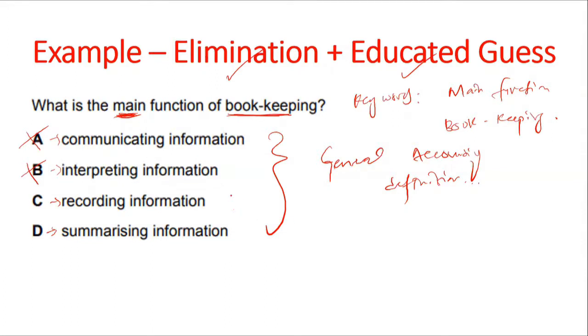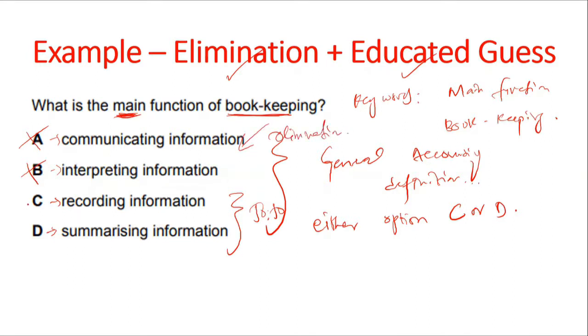So now you are down to 50-50. It's either option C or option D. This is where you would use educated guess. This part here was using the elimination strategy, and for this part here, we would see the educated guess.